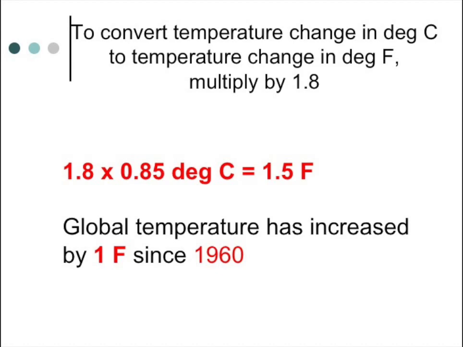So the overall rise in global temperature that we've seen is about 1.5 degrees Fahrenheit. However, since about 1960, where we've seen the biggest rise in global temperature, the rise has been about 1 degree Fahrenheit. So 1 degree Fahrenheit since 1960, 1.5 degrees Fahrenheit overall.